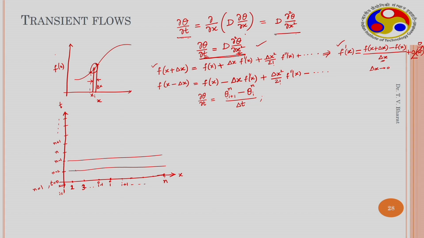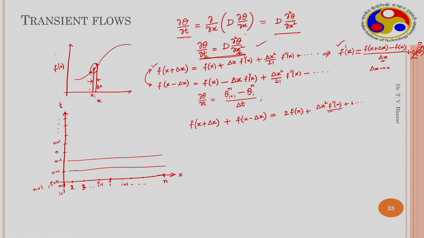Now, you have a second order differential equation on the right hand side, dou square theta by dou x square. How to obtain the difference form for this particular equation? So, we can use these two equations. When you add these two expressions, what you get is f of x plus delta x plus f of x minus delta x is equal to 2 f of x, these two terms get cancelled, plus delta x square f double dash of x plus some higher order terms.